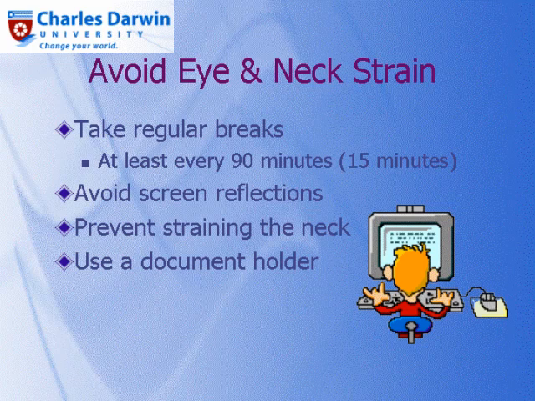Take regular breaks, and every 90 minutes take a 15-minute rest period. Avoid screen reflection. Prevent straining of the neck. Use a document holder. The best thing with a document holder is that it sits straight on next to the computer, whereas if you didn't have it, you'd be looking up and down at the computer screen, and obviously it's going to give you strain on your neck.